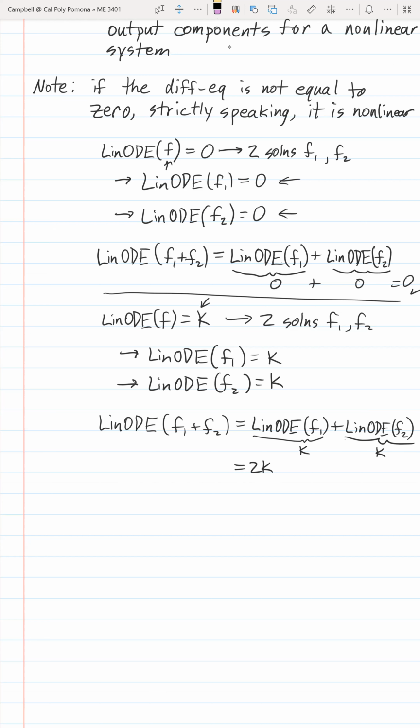Again, we'll discuss that more, but it's important to recognize that, strictly speaking, only when you're dealing with a homogeneous linear ODE do we truly get that property of linearity coming through.